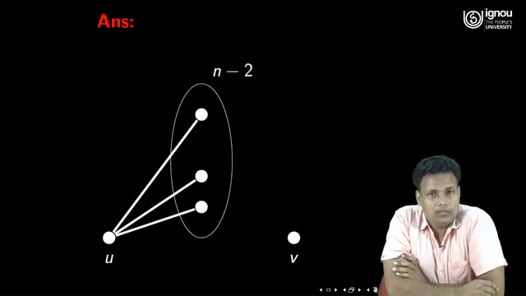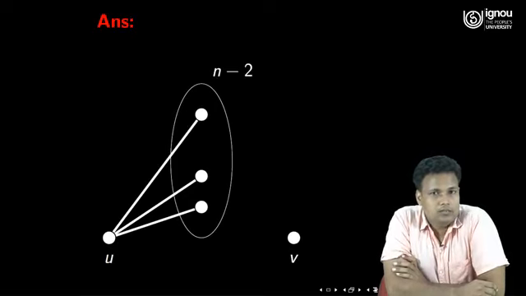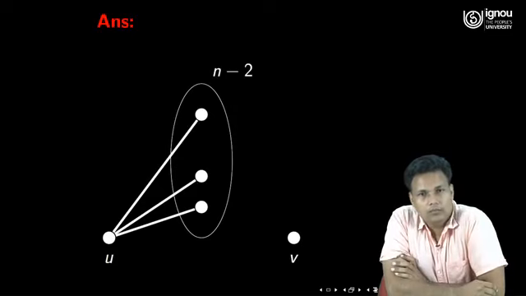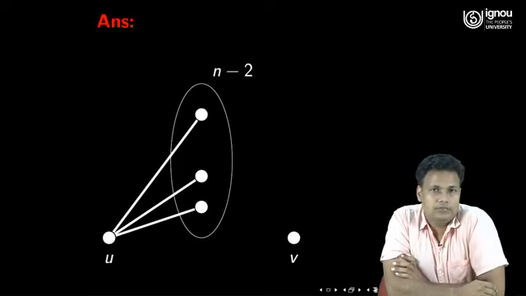Now the diameter of the graph is 2, which means that the maximum distance between any two vertices must be 2, right? Here V cannot be adjacent to u because all the neighbors of u are already given here, which are n minus 2. So V can only be adjacent to some or all of these neighbors of u.